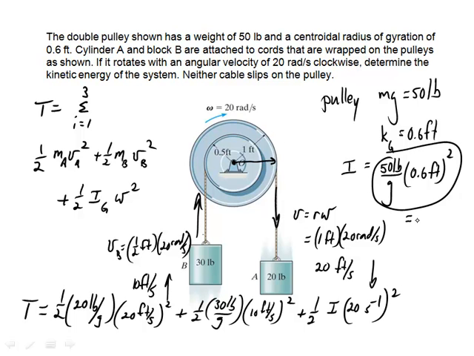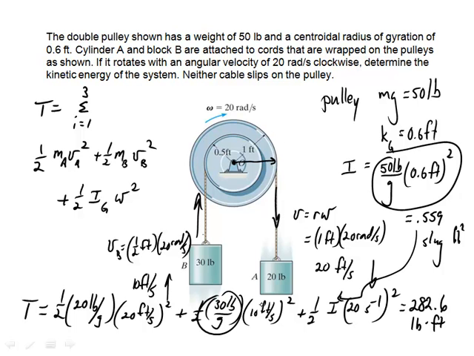So this I is going to be 0.559, and my units, pounds over gravity, is slugs times feet squared. So I'm going to substitute that into the moment of inertia. And as I put all this together, I get 282.6, and that'll be pound-feet. Again, I've got slugs here times feet squared per second squared. That's going to give me pound-feet in all three cases. So there's the kinetic energy of that system.